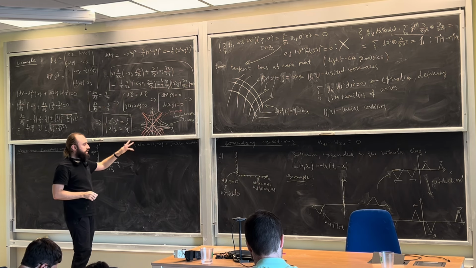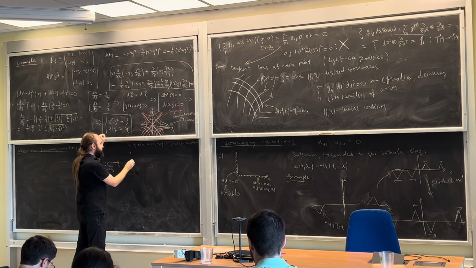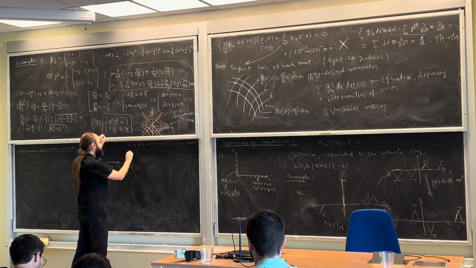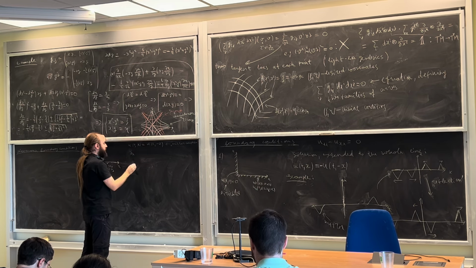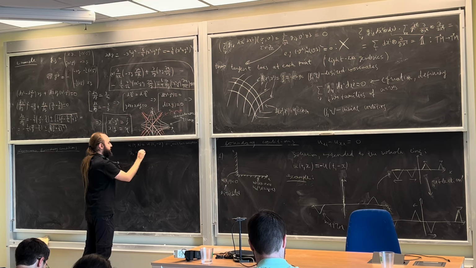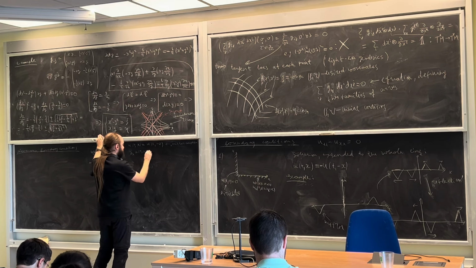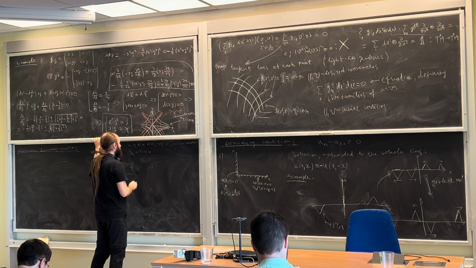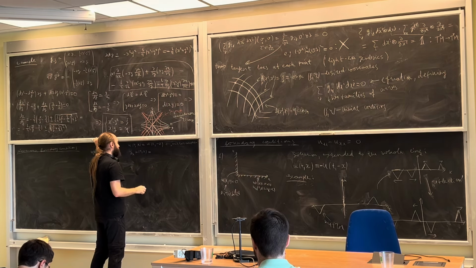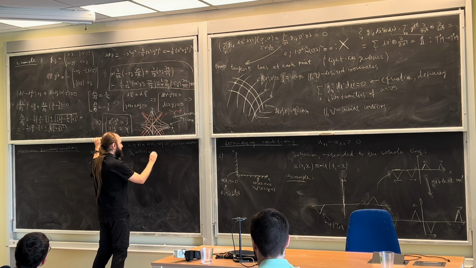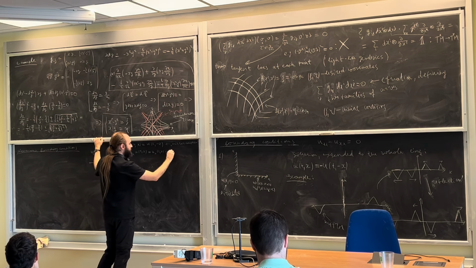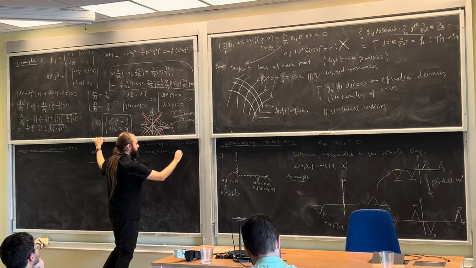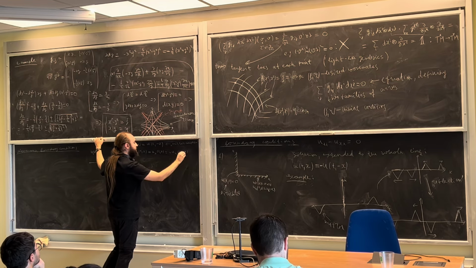So when we take derivatives of this function, dx of u of t, x will equal ux of t, x will equal minus ux of t, minus x.